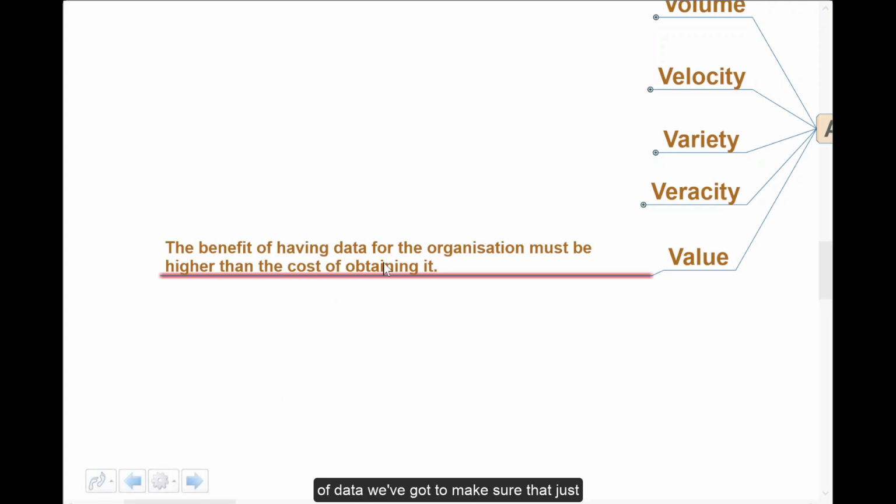We've got to make sure that just because we're focused on the myriad and plethora of data that's coming our way, we don't waste time. We need to be able to extract value, trends, patterns, etc. And we need to ensure that the cost doesn't exceed or outweigh the benefit. That's a key problem for businesses.